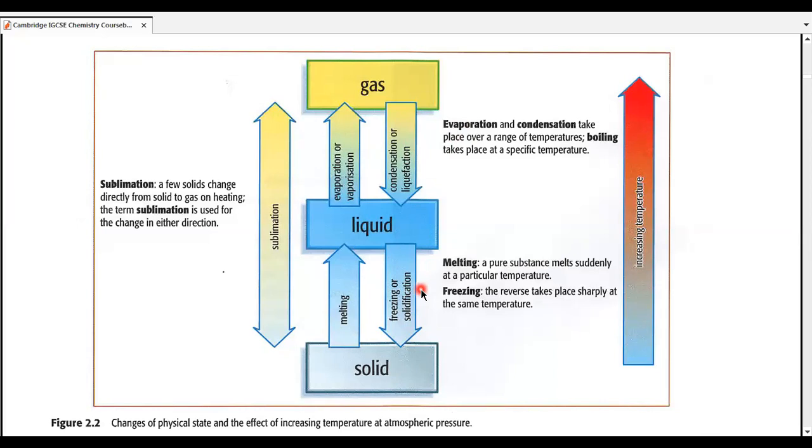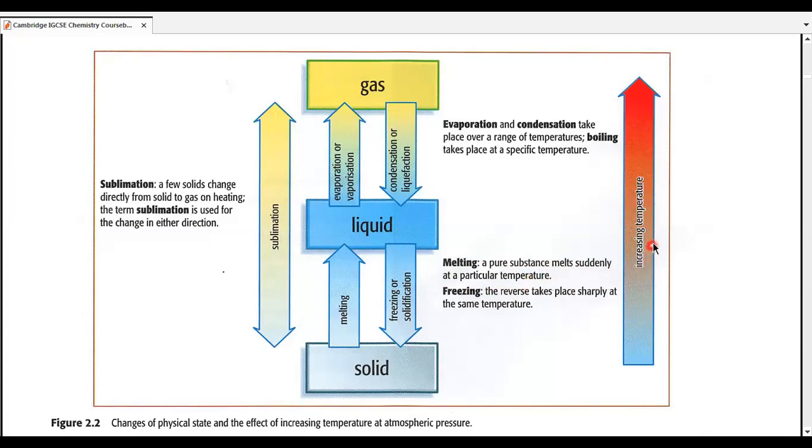Some words might be new for you, but the rest are pretty familiar because we have studied them in previous classes, usually year 5, year 6, and year 7. So by definition, melting is when a pure substance melts suddenly at a particular temperature and the solid form is converted into a liquid form.